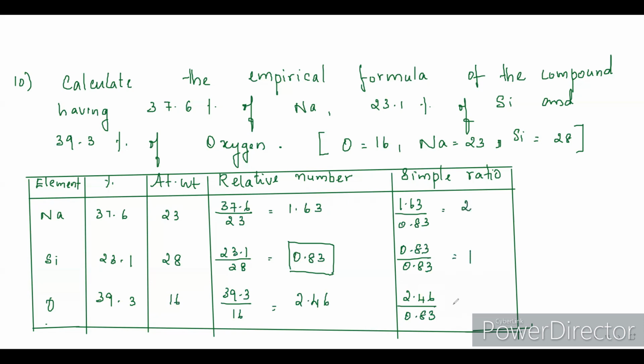This is 1 and 8 3s are 24, so this is 3. What is the question? Just to calculate the empirical formula. So the elements are sodium, silicon, and oxygen. Number corresponding to sodium is 2, number corresponding to silicon is 1, and corresponding to oxygen is 3. Therefore, the empirical formula is Na2SiO3. That is it.